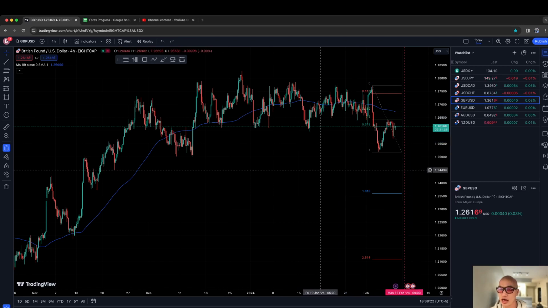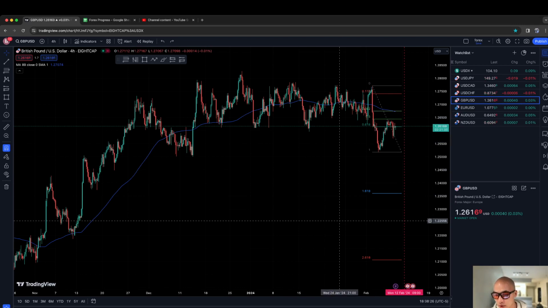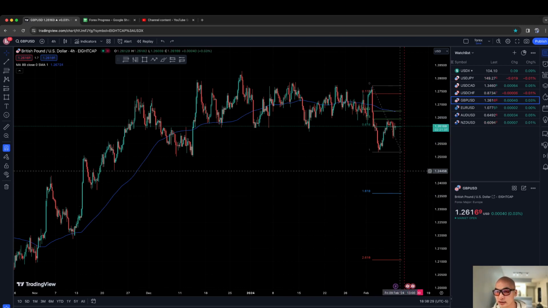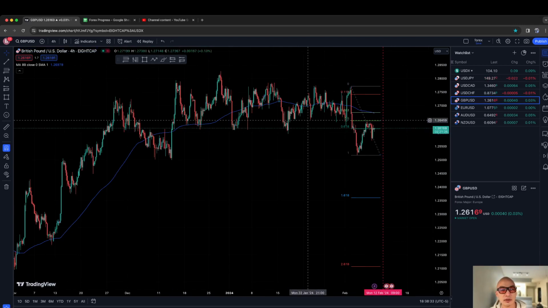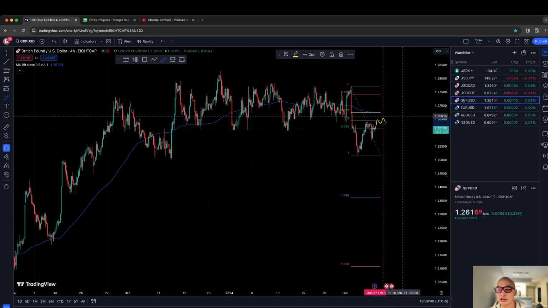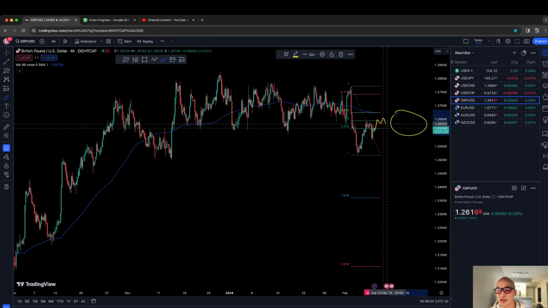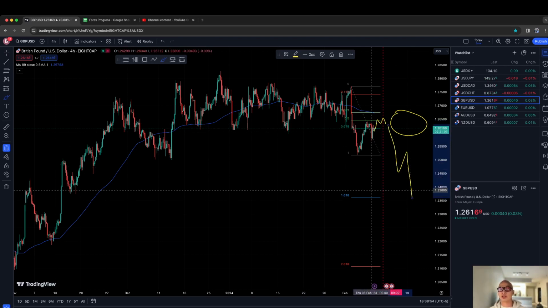For that to happen, I have to wait at least until Monday, February 12th, and at this point, if the market is still behaving below the moving average like this, then I'll be sure the downtrend has started. And if it's still in the good zone around the 0.5, then I'll be selling pound USD.